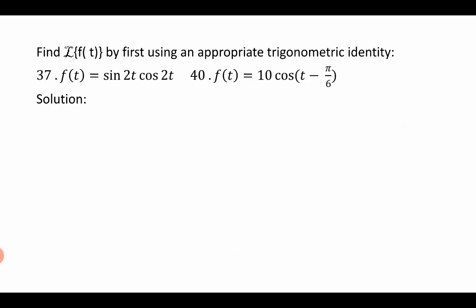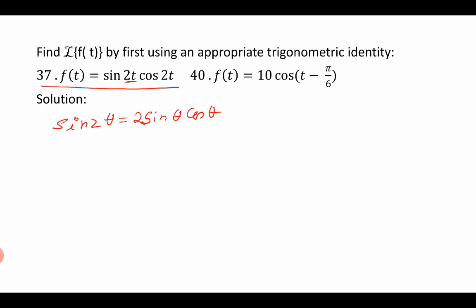F of t is sine 2t. To solve problem number 37, you should have an idea about the basic trigonometric identities. You remember sine 2 theta is 2 times sine theta cosine theta, right?